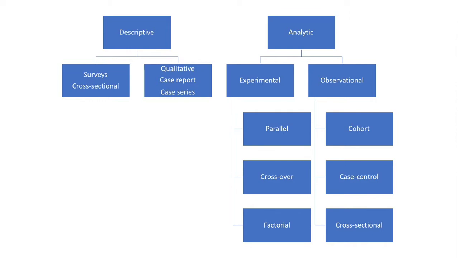Analytic is where you're actually starting to do some sort of statistical analyses above and beyond just simple descriptive statistics. You can have experimental type designs where there are maybe parallel groups, crossover studies, or even factorial designs. Or you can have observational studies, which might be a cohort study, a case control study, or a cross-sectional study. And we'll talk about those here in a moment.